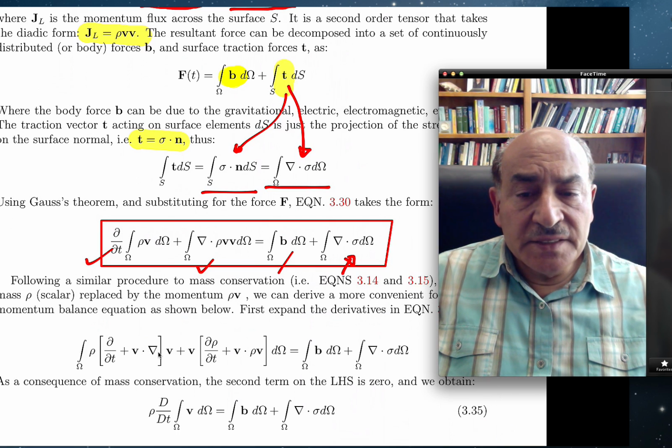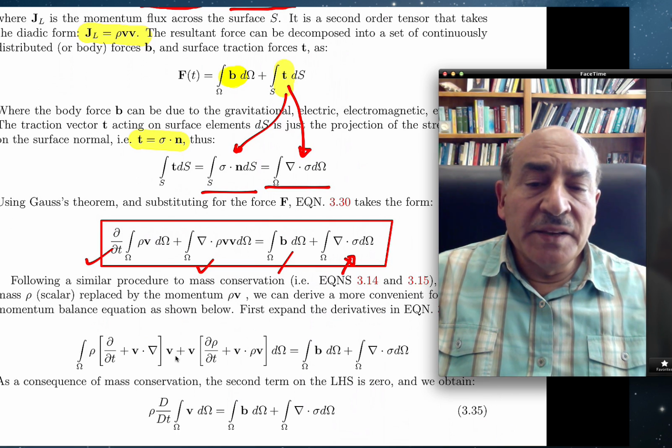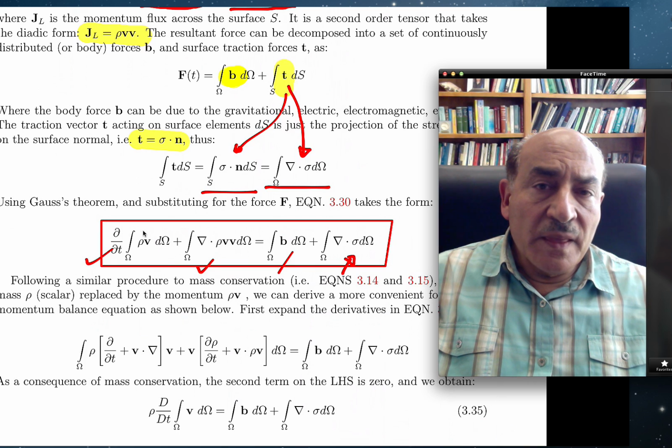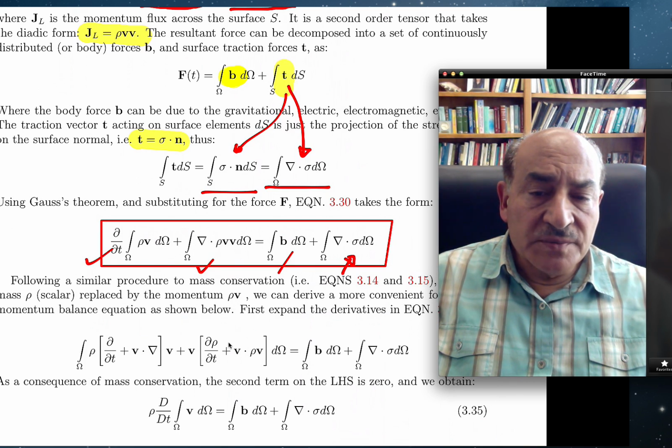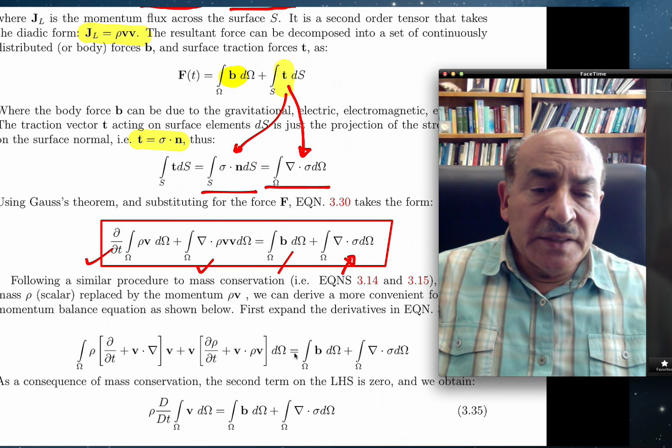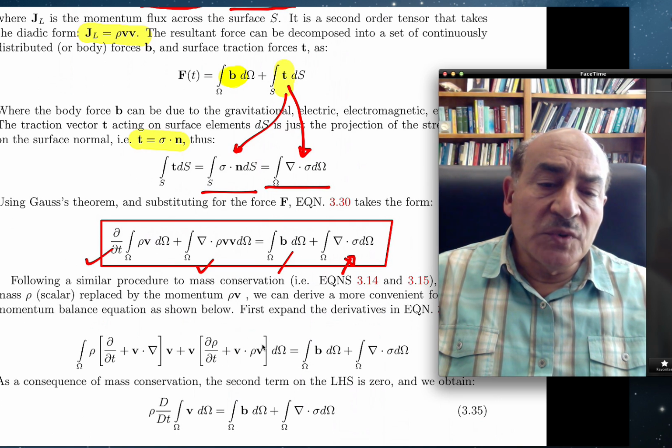So you have v dot grad v, and that is plus v d rho by dt, because we take the chain rule on the first term and we take the chain rule on the second term. So you get v d rho by dt plus v dot rho v, and all of these are integrated over the volume omega.